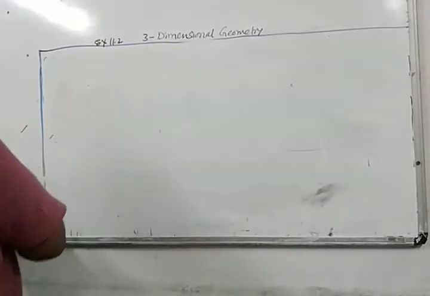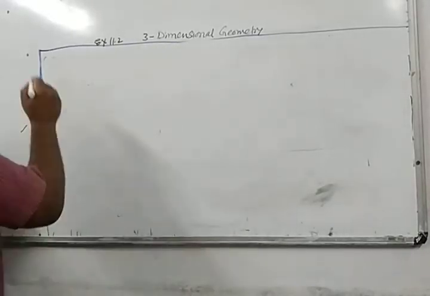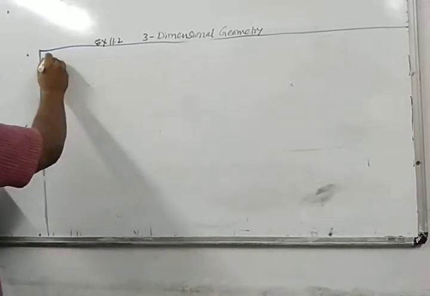Now the question is, find the SD between the lines. The lines are given in vector form.